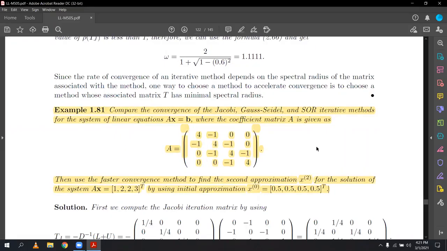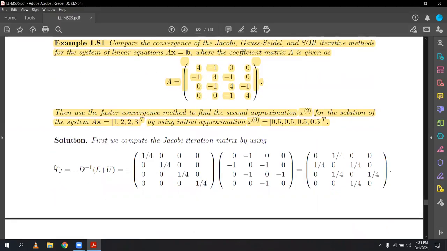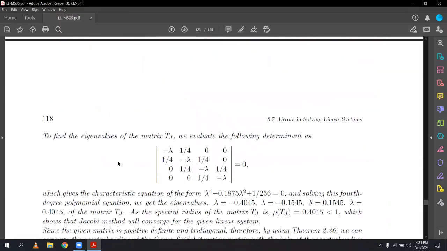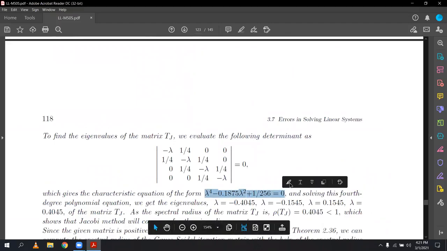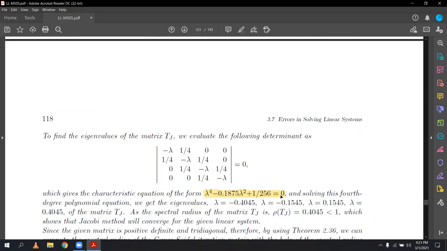So you have to do it the same way which we did before. You always need to find the Jacobi iteration matrix, and when you find it, its eigenvalues are this one.